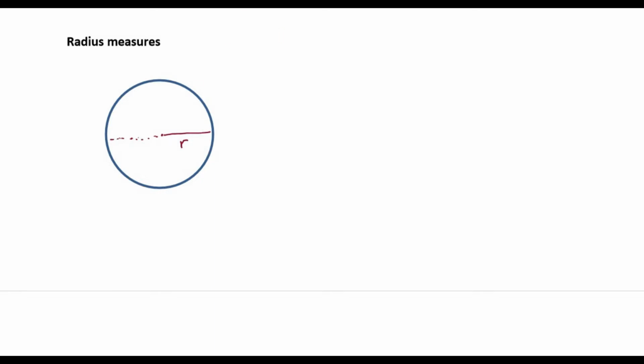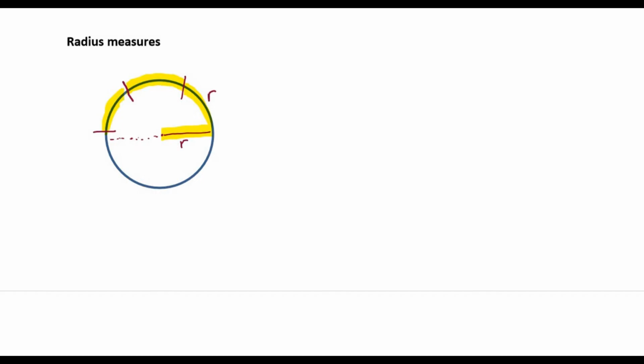And I want you to recall that this length of this radius, I can take it and put it along this outside circumference, and this measure here would be r as well. So I have one radius measure that I have put along the circumference. And I'm going to continue putting along these radius measures all along my circle.